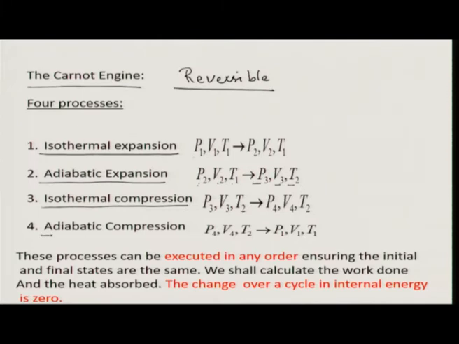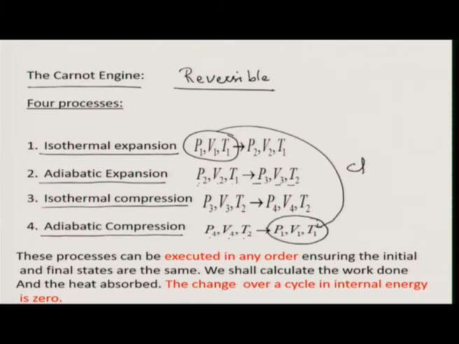Finally, complete the process with an adiabatic compression, again P4 V4 T2 to P1 V1 T1. What is important? You started with P1 V1 T1. Using 4 processes, you come back to P1 V1 T1. So, you are doing a closed loop, and remember a few statements which I have written below.